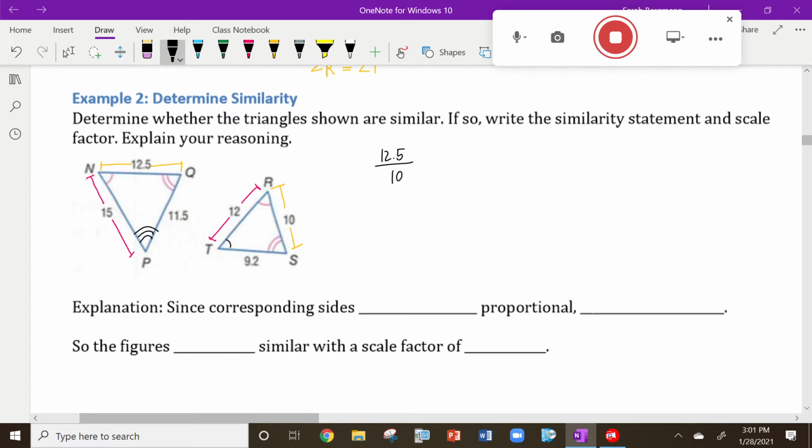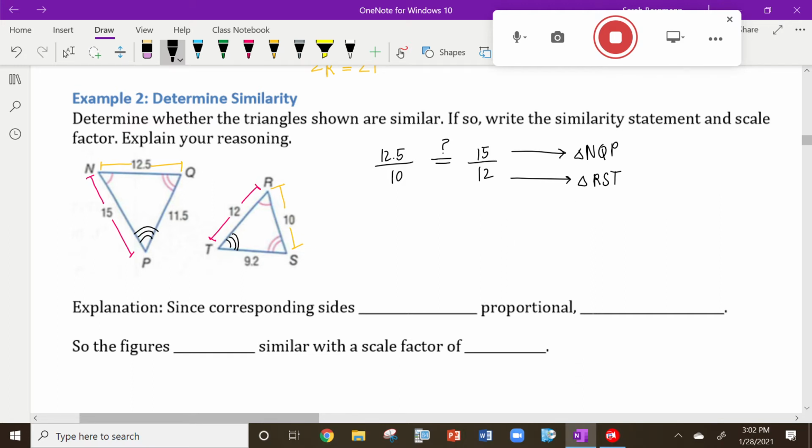So I can add that too. Now I want to see, is 12.5 over 10 the same ratio as 15 over 12? Again, notice that I use these in a specific order. This is triangle NQP in the numerator. This is triangle RST in the denominator.